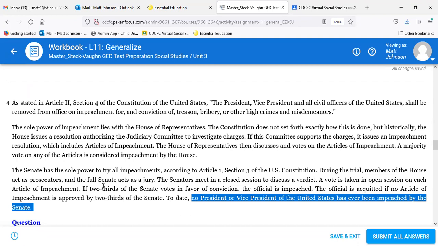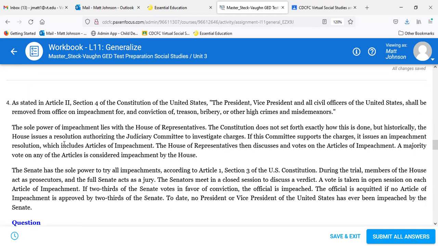For them to be convicted and removed from office, it takes a 2/3 vote from the Senate. So I had a little problem with the way they're wording that you continue to be impeached. Once that process starts, you are under impeachment. It's up to the Senate to convict you.